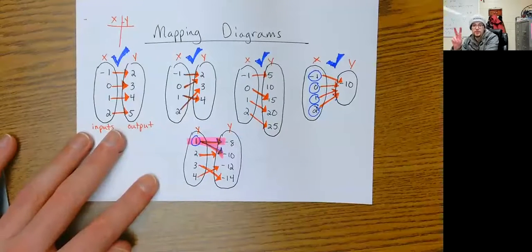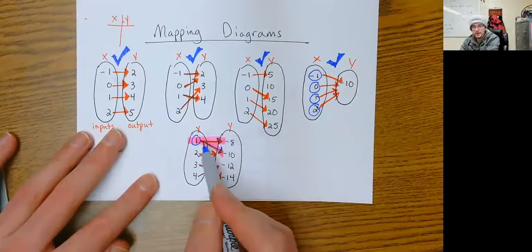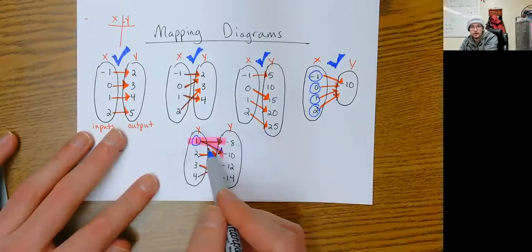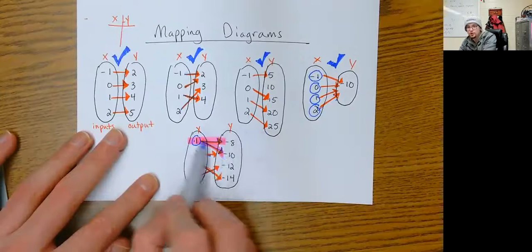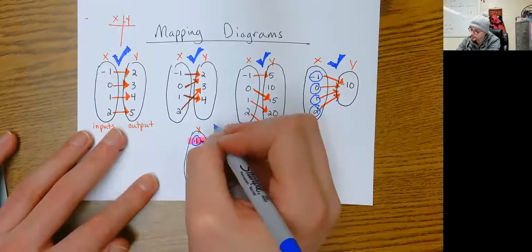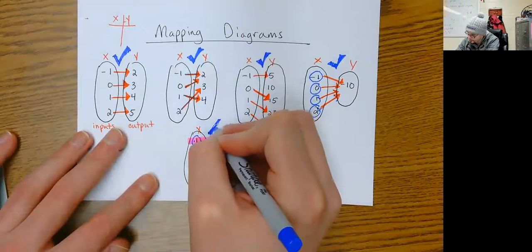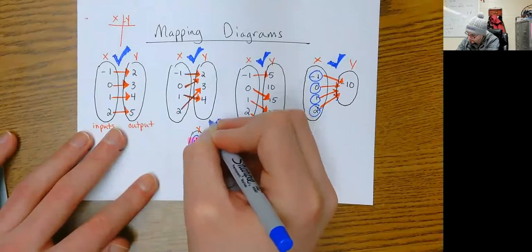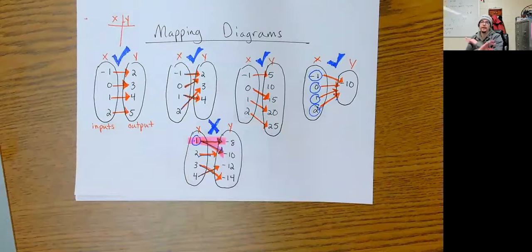Now this one works, one arrow, one arrow, one arrow, but this whole thing is not a function because this single x value goes to 2 y values. That does not work. Not a function.